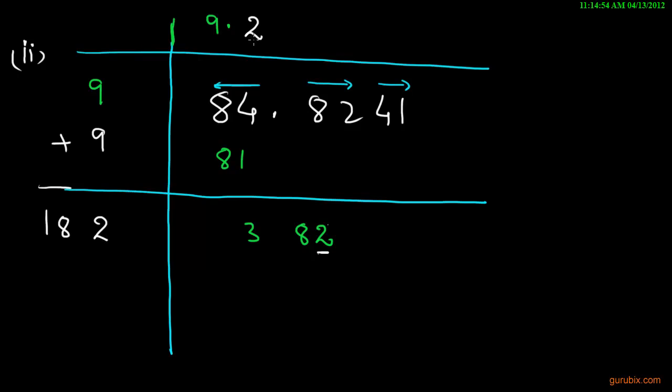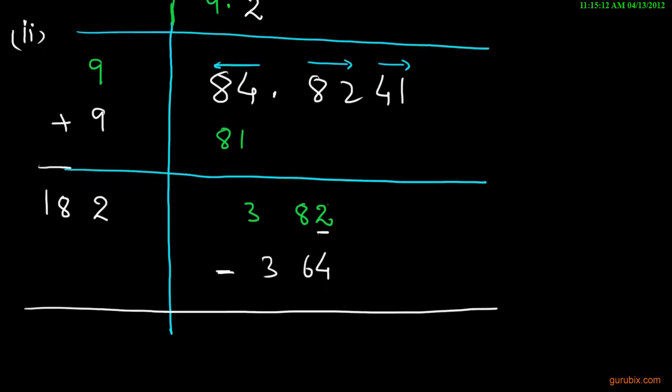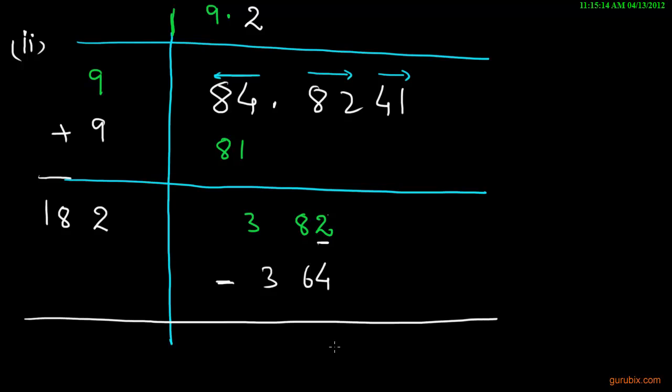Now we shall multiply this 182 with 2 to get 364. Now we shall subtract 364 from this 382 to get 18 and bring down the next period, that is 41.